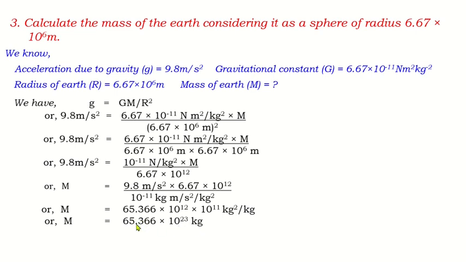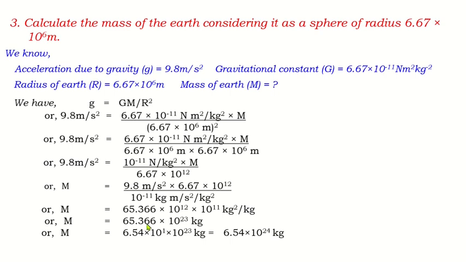But the point is, the decimal is after 2 digits, that's why I want to take this point to the place after 1 digit. So I can take this to 1 digit this way. If it is shifted 1 digit to the left-hand side, then it must be multiplied by 10 to the power 1, and 10 to the power 1 into 10 to the power 23 becomes 10 to the power 24. And look at this number, if we are using just 2 digits after the decimal point, after 5 there is 3, but after 3 the third digit is 6.